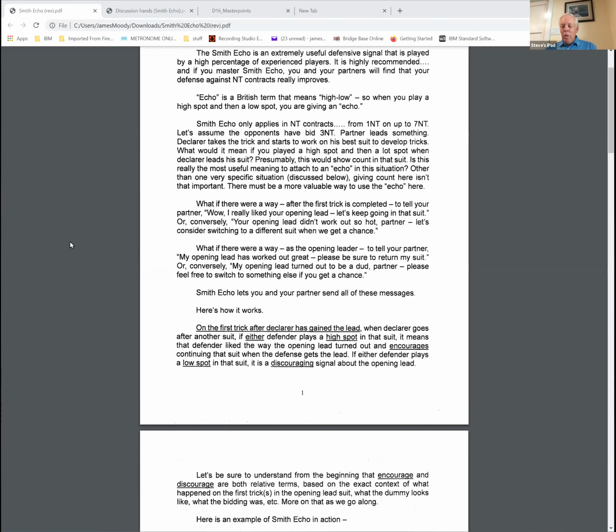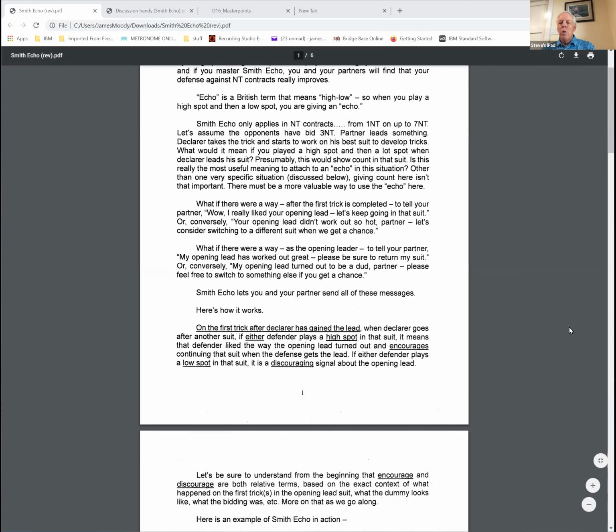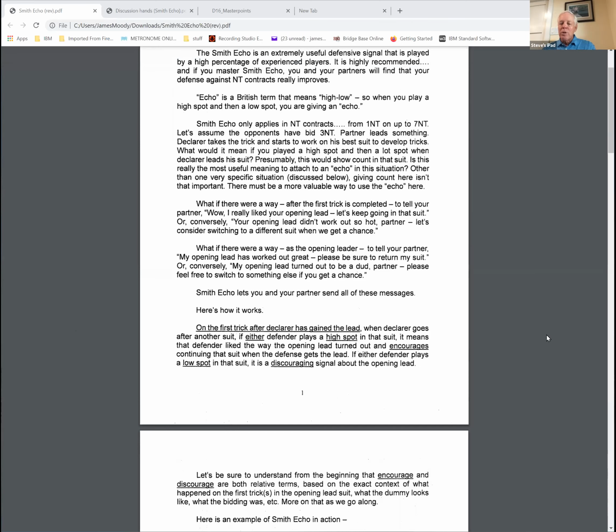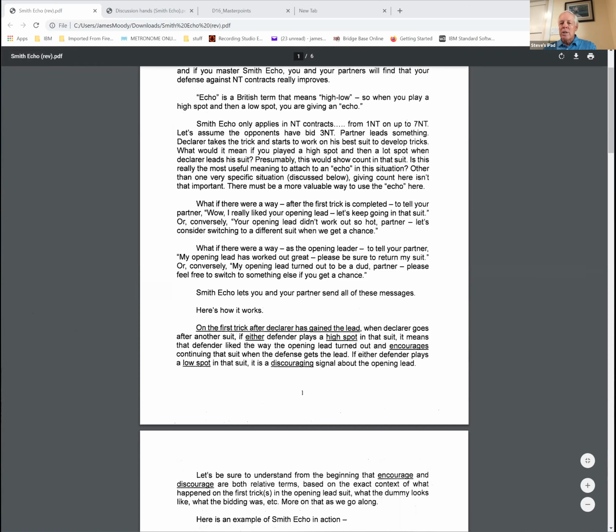Okay. Another thing to think about on Smith Echo is that sometimes declarer will attack a suit where you would like to Smith Echo, or maybe you would like to play low and not Smith Echo, but you don't have the cards for it. You have a singleton. You have no option. So you just have to grin and bear it and play your singleton and trust partner to recognize that perhaps you didn't have a choice and you're not sending a Smith Echo message at all.